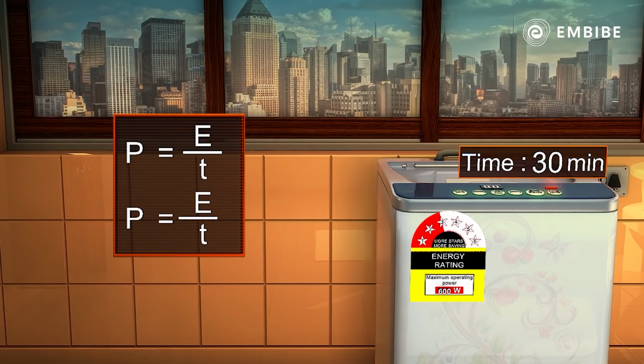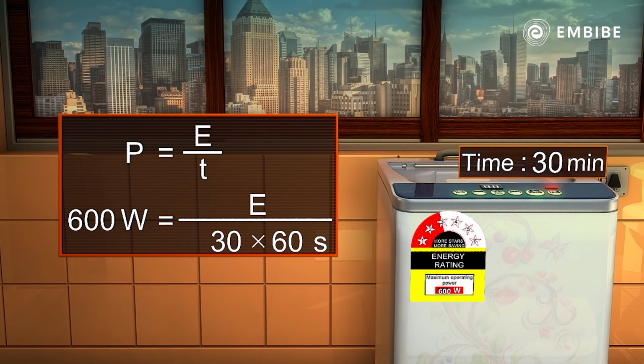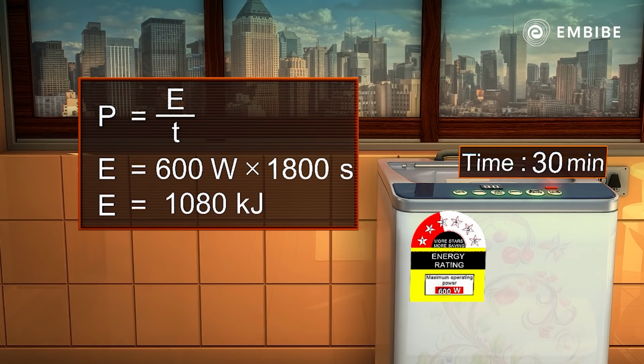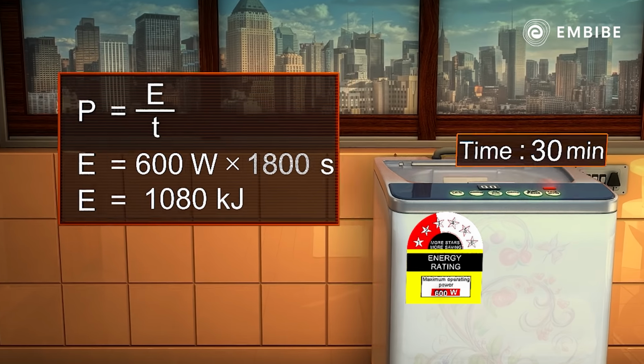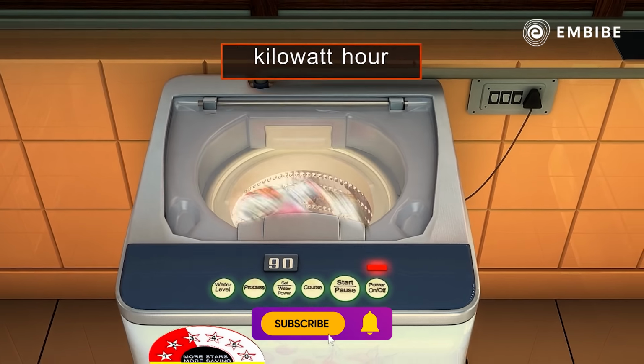A washing machine with a power specification of 600 watts, when operated for a period of 30 minutes, that is 1800 seconds, will consume 1080 kilojoules of energy. However, since electrical devices use large amounts of energy, energy consumed is often expressed in kilowatt hours.